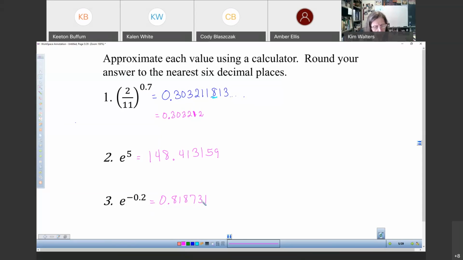Okay. So do you see the little second button here? Yes. Then there's the next button over, it says DRG, and above it, it says SCI. Okay, so hit the second and then that button, and you should get kind of a little menu up at the top that looks kind of like that.